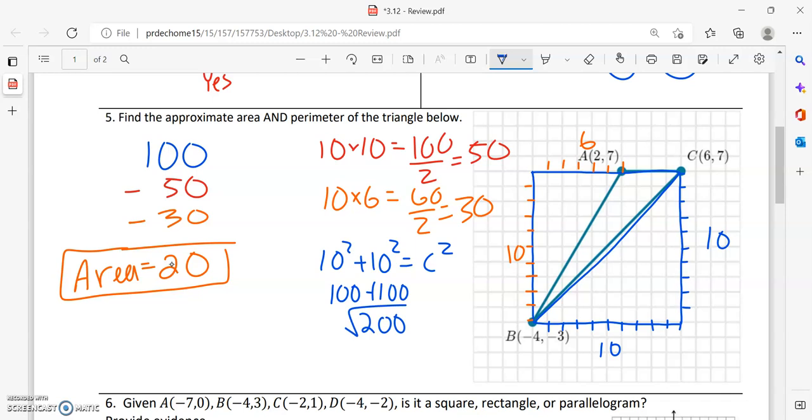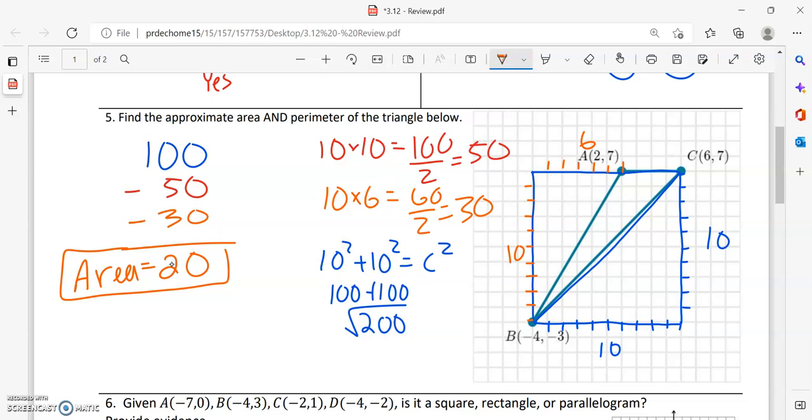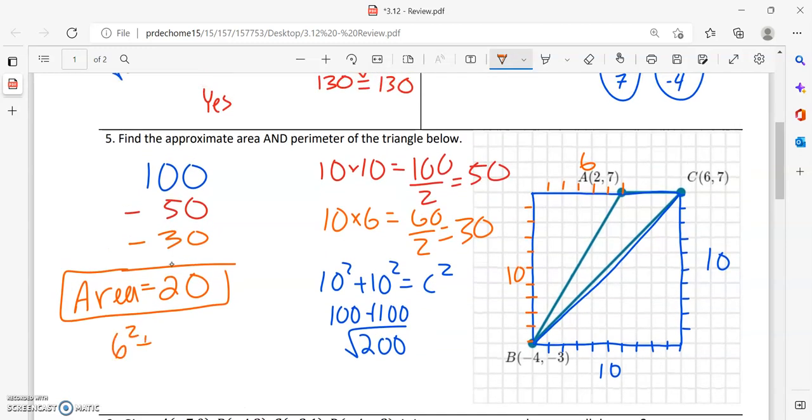So that's one side. Now let's find the orange side. That side is 6 by 10. So 6 squared plus 10 squared is 36 plus 100, which adds to 136. And the square root of that is that side.